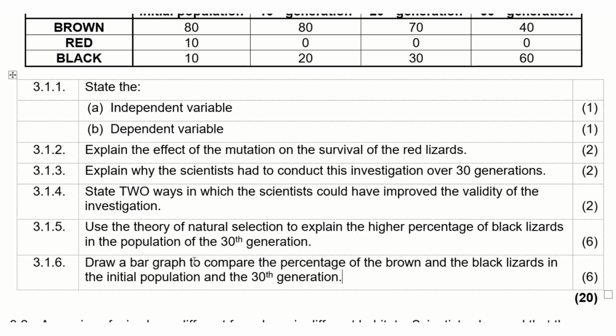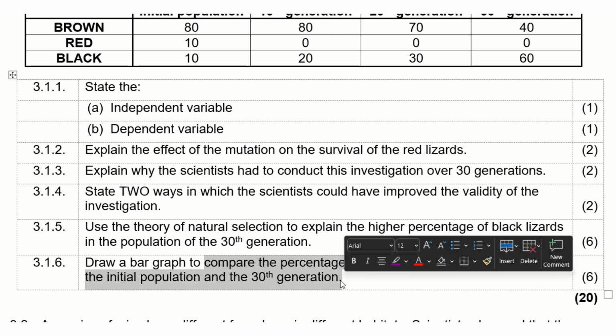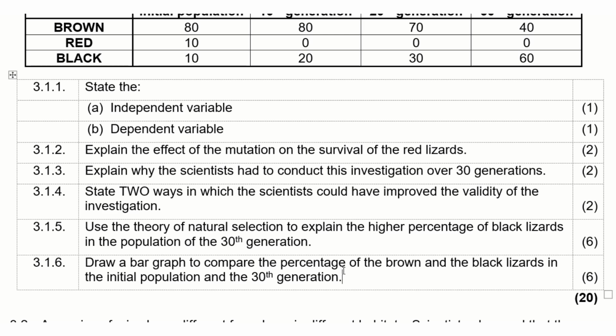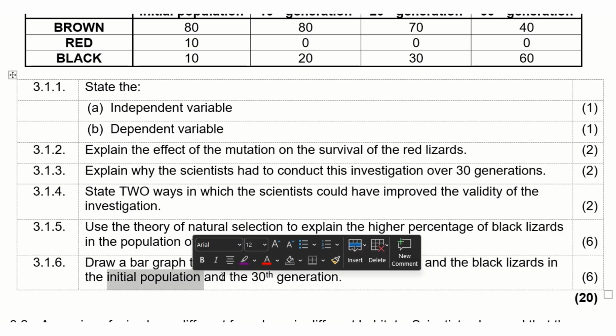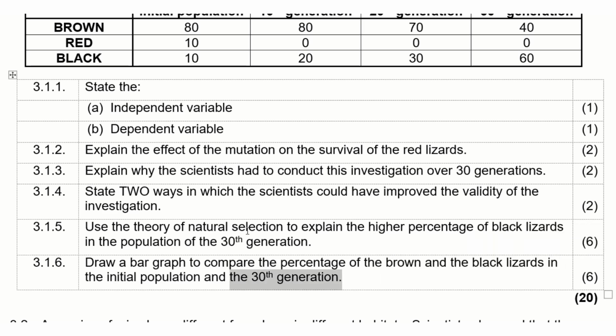And then they say, draw a bar graph to compare the percentage of brown and black lizards in the initial population and the 30th generation. Okay, so they want very specific information in this graph. They only want the brown and black lizards, and they only want the initial population and the 30th generation.